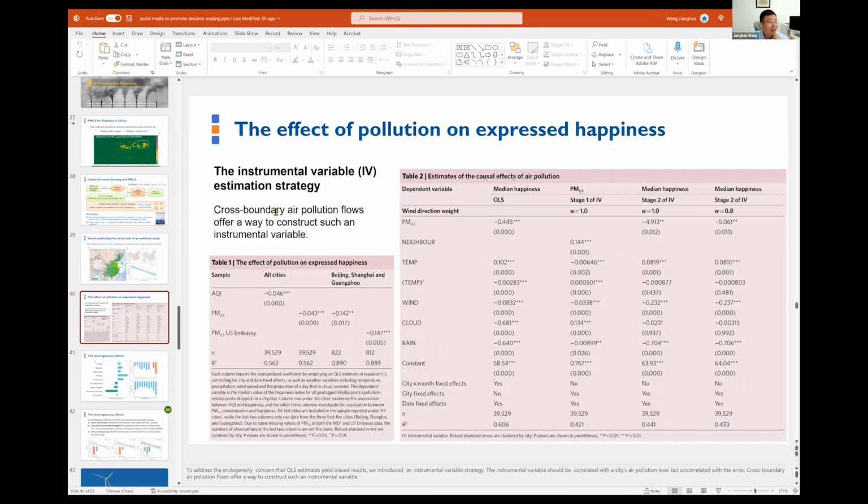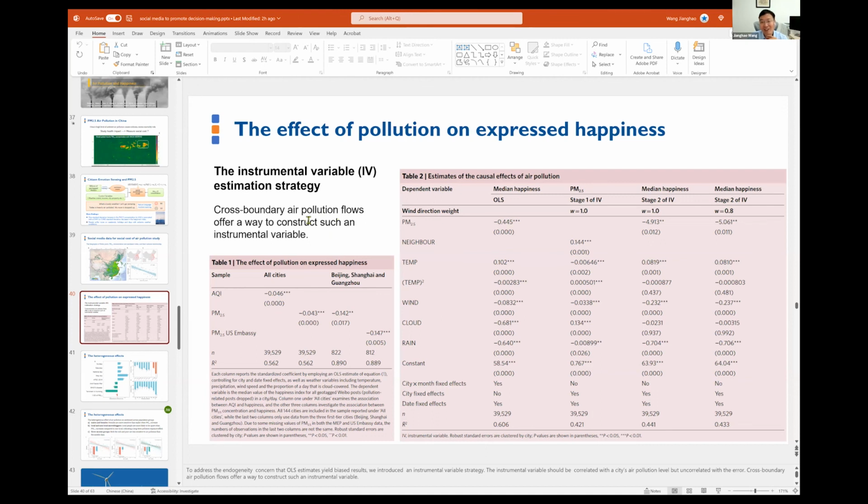We use the wind directions and the pollution level of upstream cities as the IVs to address the endogeneity issues. I think it's a little bit complicated, so I highly recommend you read our paper.